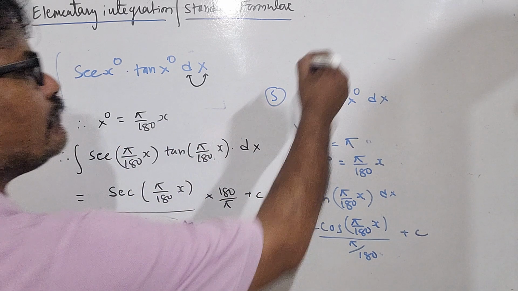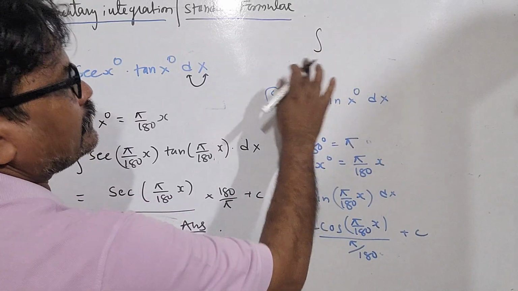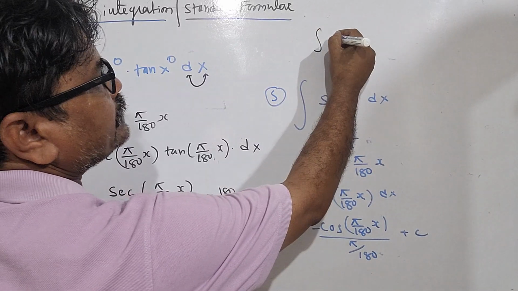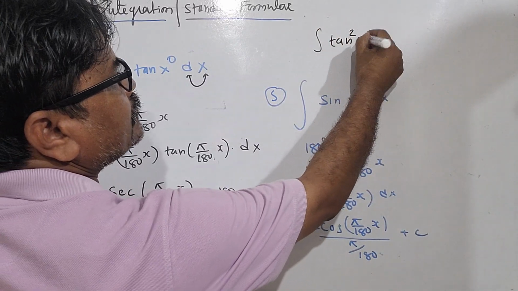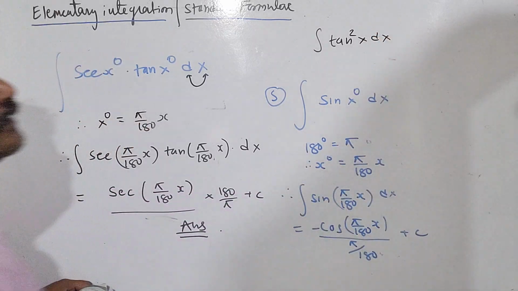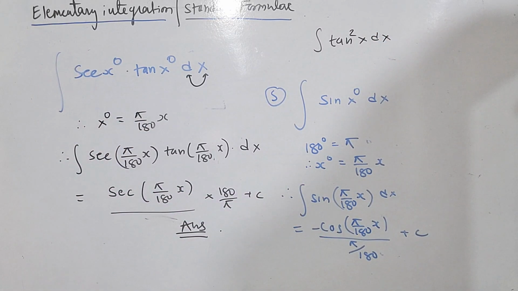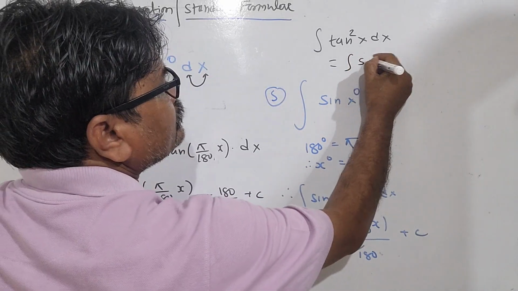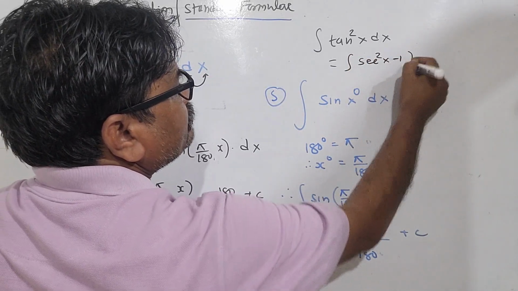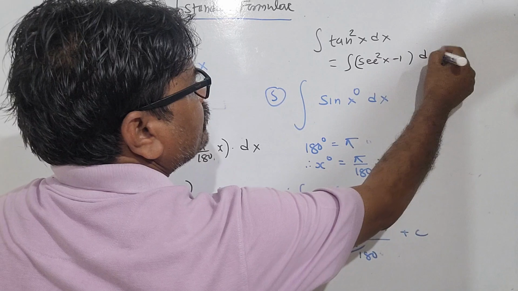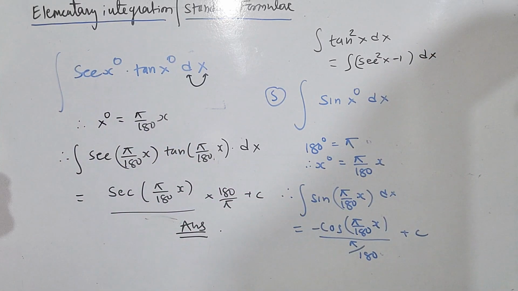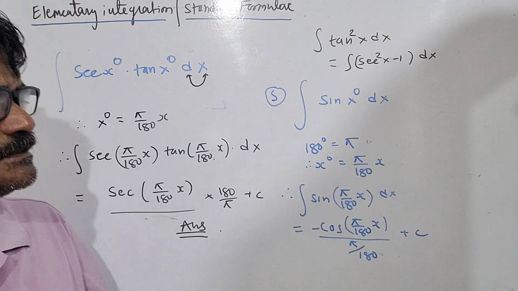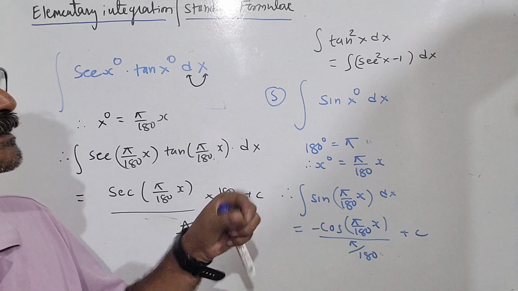For example, I have already explained how to find out the integration of tan square x dx. This is transformed to the integral of sec square x minus 1 dx by our basic knowledge of differentiation as well as trigonometry.